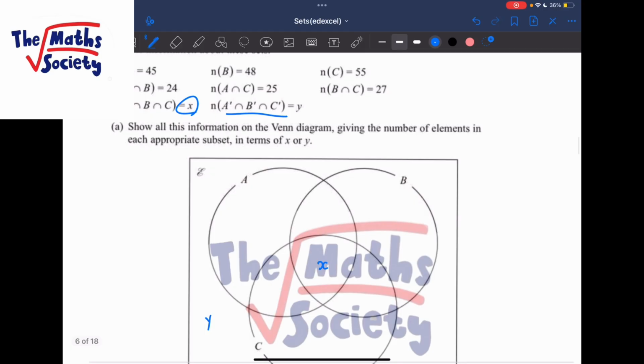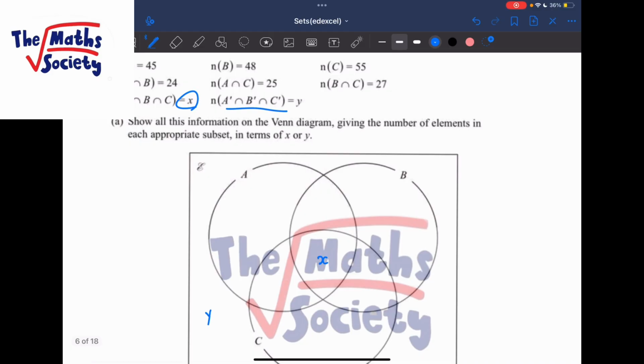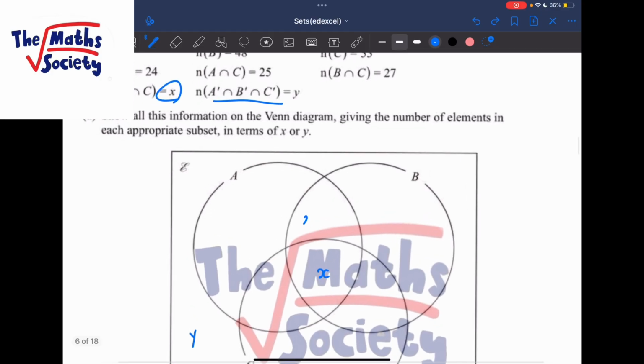And then now we can try to figure out the ones that will be in the Venn diagram. The easiest thing you can do is try to do the intersections first. After that, you can subtract from them the ones that are only going to be either only A, only B or so on. So that would be easier. A intersect B was 24, but you still have to minus x, which is the common one.